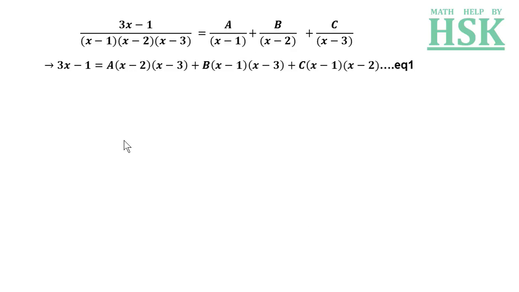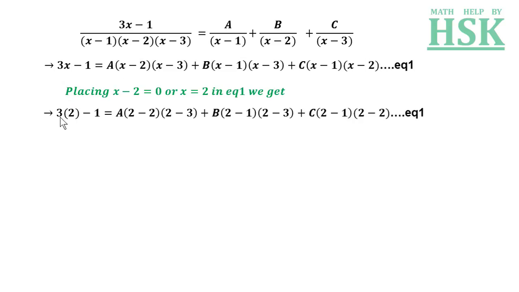Now, to solve for the value of b, placing x minus 2 equal to 0, or x equal to 2, in equation number 1. This would give me 3 into 2 minus 1 is equal to a into (2 minus 2)(2 minus 3), and this expression is going to become 0. Placing x equal to 2, this is going to become (2 minus 1)(2 minus 3).